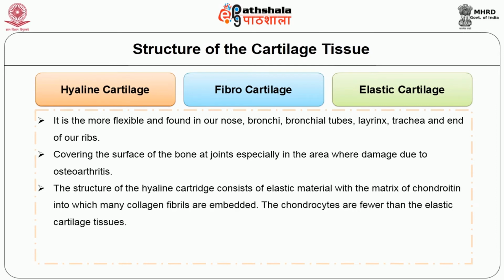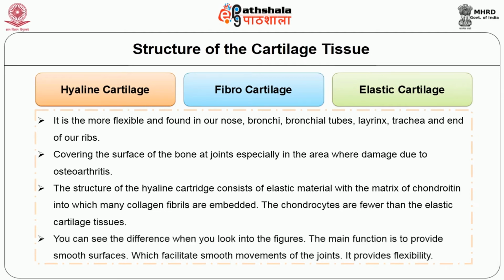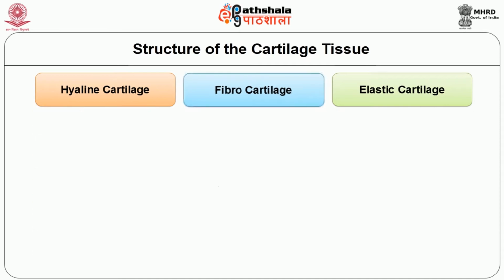The structure of hyaline cartilage consists of elastic material with a matrix of chondroitin into which many collagen fibers are embedded. The chondrocytes are fewer than in elastic cartilage tissue. You can see the differences when you look at the figure. The main function is to provide a smooth surface which facilitates smooth movement of the joints, and it provides flexibility.